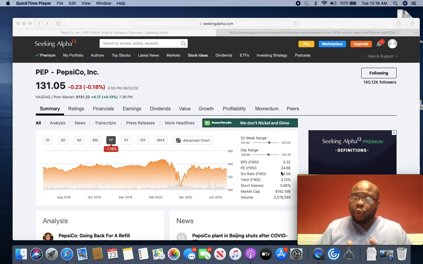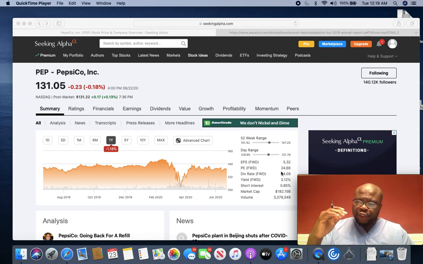A PE ratio below 10 is considered a low PE ratio, a quote unquote good deal. Ratios above 20 and so on, like Pepsi here at 24, are considered a little expensive. But because it's a ratio, you have to be careful. You have a numerator and a denominator. The numerator is the price, and the denominator is the earnings per share.